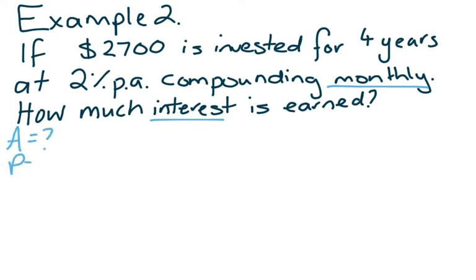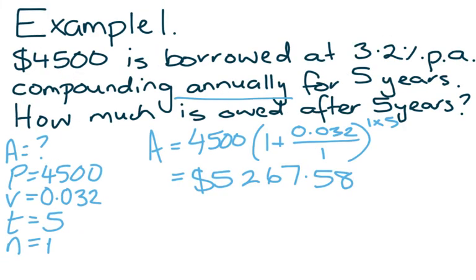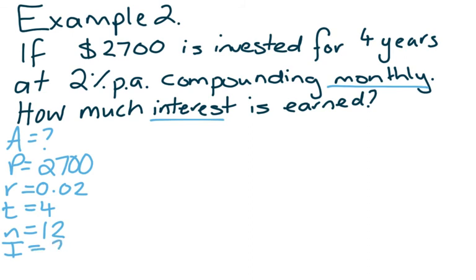A, we don't know. Principal is 2,700. The rate is 0.02. Time is 4 years. N, I underlined monthly, so there would be 12 compounding periods in a year. I'm also going to write I down here, because that's what we've been asked to find.